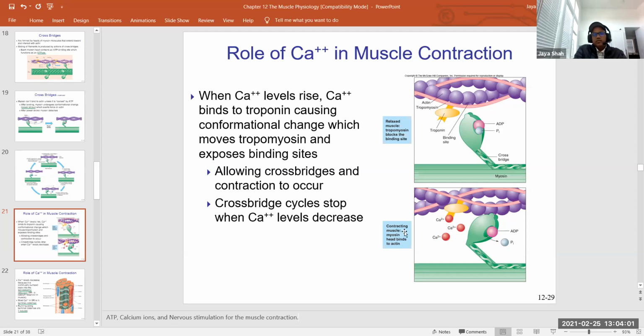Okay, so in contracting muscle, myosin heads bind to actin. In relaxed muscle, it cannot because it is covered by tropomyosin.